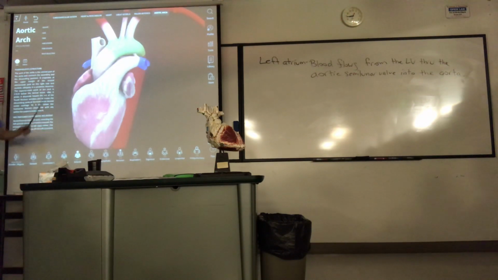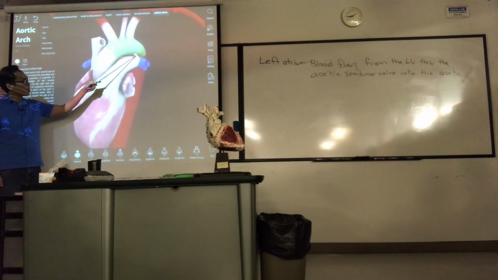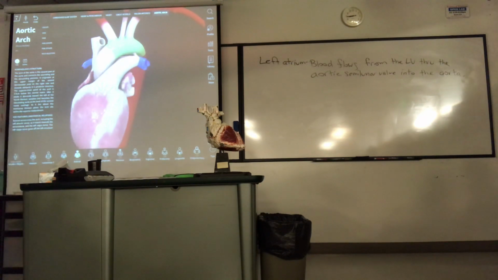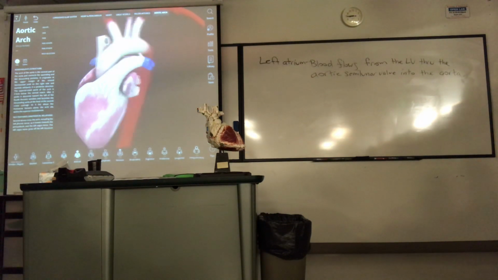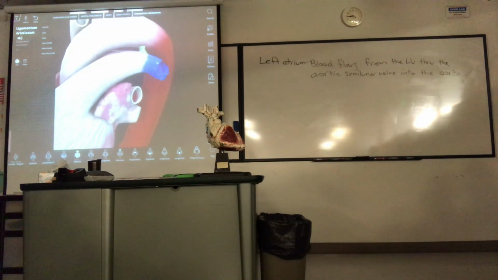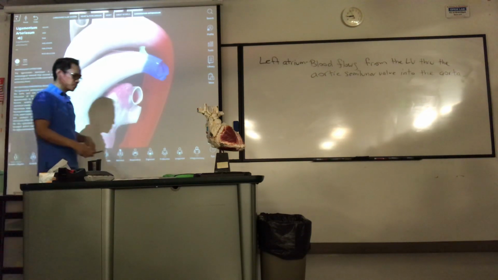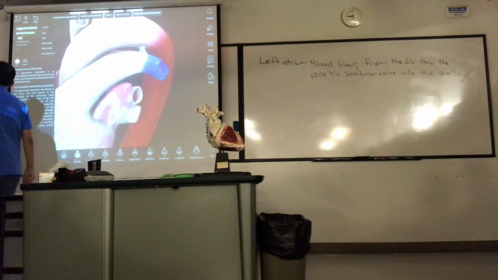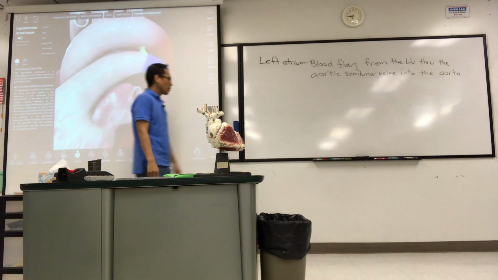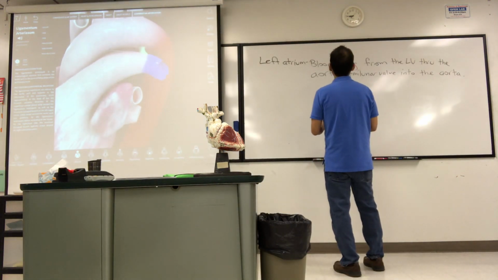Okay, another thing here. There's a connection here that's not used anymore. It's a connection between the pulmonary trunk and the aorta. It was used during fetal circulation. It's called the ligamentum arteriosum. So let me see if I can highlight that. Right there. You'll have to find it on your sheep heart. Ligamentum arteriosum. So look for it on the anterior heart.